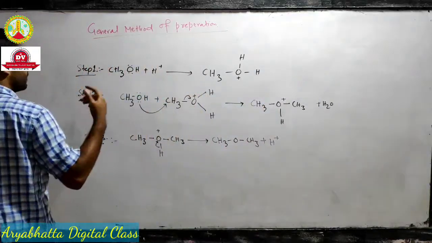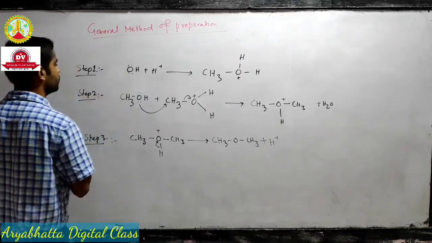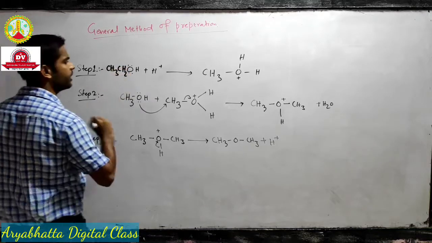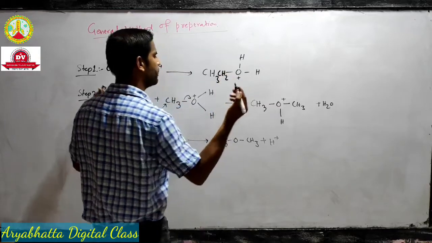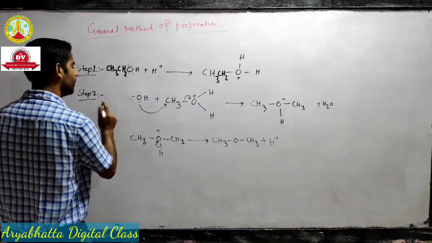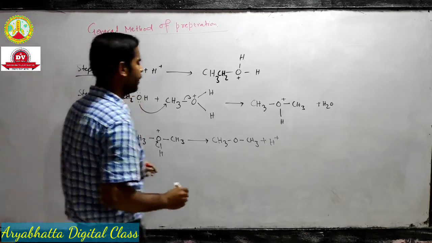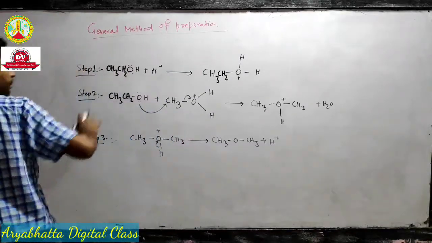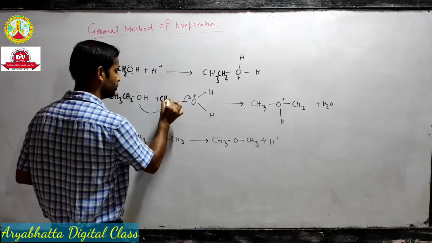If you want to write that mechanism, you just have to change everything to CH3CH2, and you will get the mechanism for the reaction we discussed. You can keep it CH3 also, it's up to you. The process remains the same. I will discuss this process in detail.